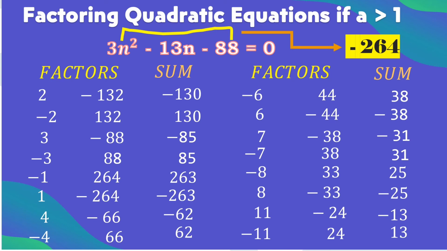Which of the following pair of factors has a sum equal to the middle term of your quadratic equation, which is negative 13? Correct. The factors are 11 and negative 24, that when you add, the answer is negative 13, and that is equal to your middle term.